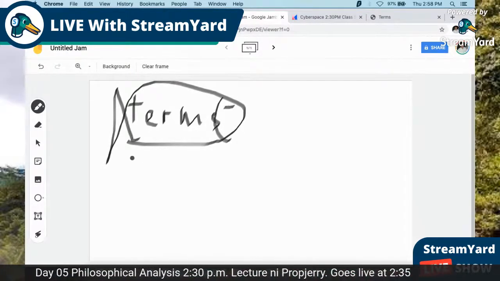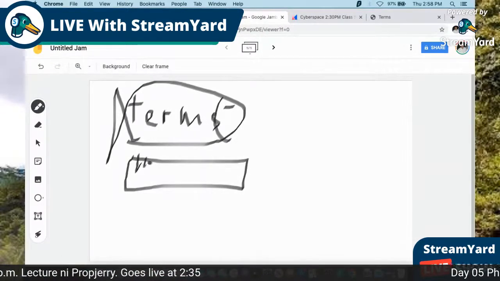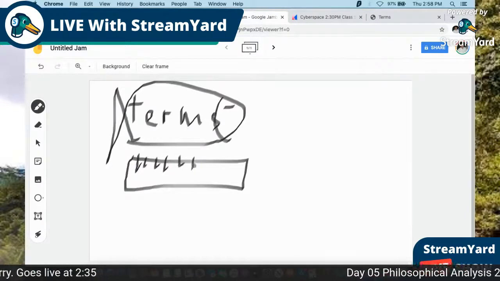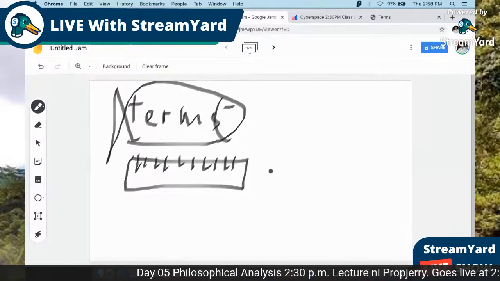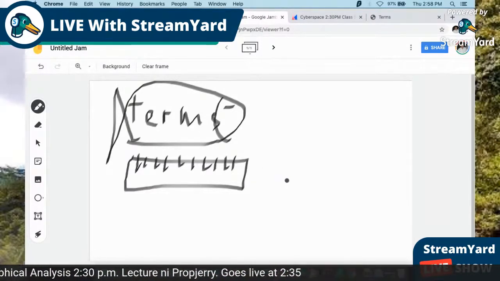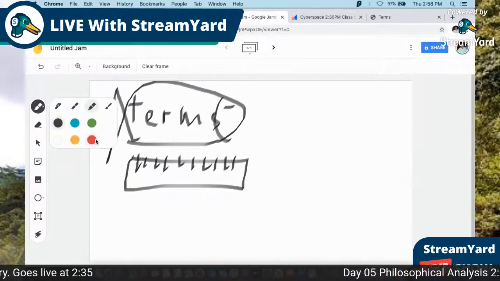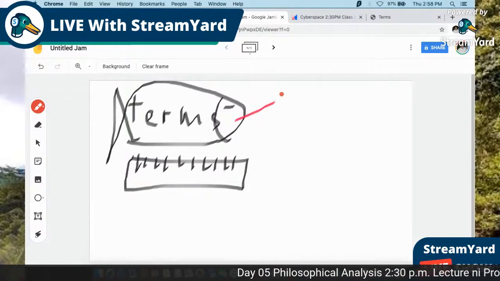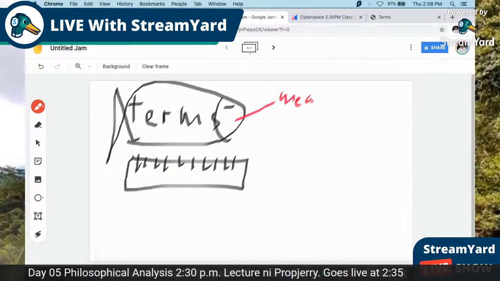How do you measure terms? Well, put it this way. Remember, terms are tools. Some tools are good, some tools are bad, some tools are better, best. Depends. In other words, your term can be what? Your term can be meaningful.